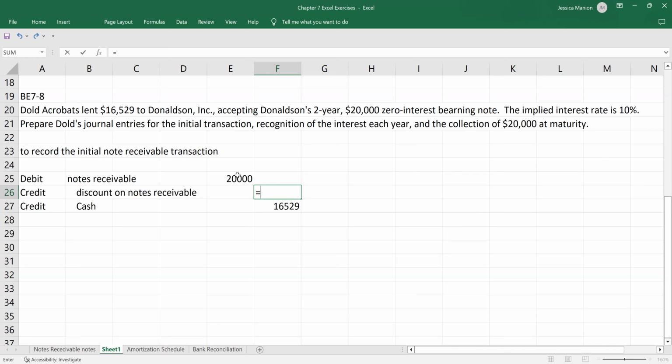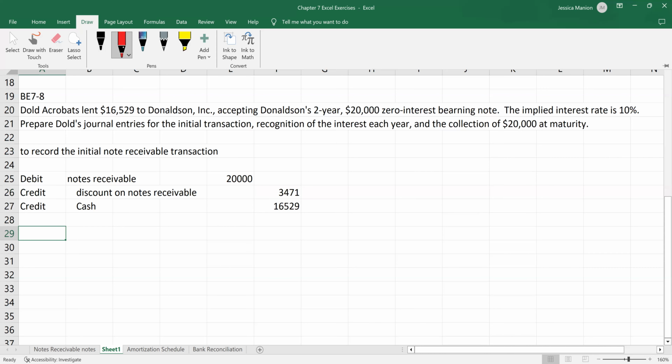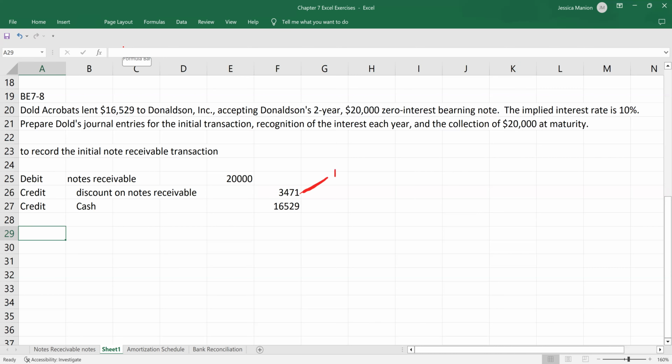So this is the 20,000 that they're going to pay us back minus the amount of cash we're giving up. So that discount on notes receivable, 3,471. So again, this amount is representative of the interest charged on the loan.